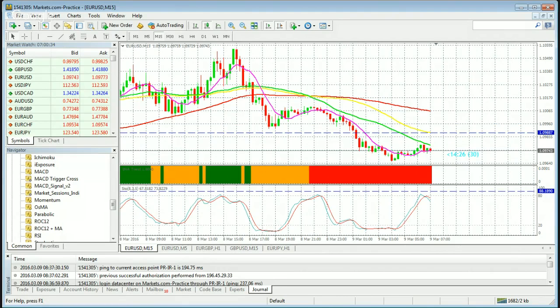Now you might be asking me, why are you doing that? You've got the signal, you've got everything, and you don't want to take the trade. One of the things I haven't told you guys about this particular system yet is that we exclude any trades that are smaller than 150 points, and there's a good reason for it.